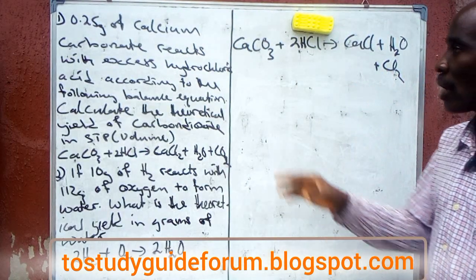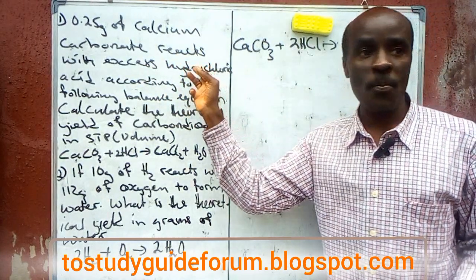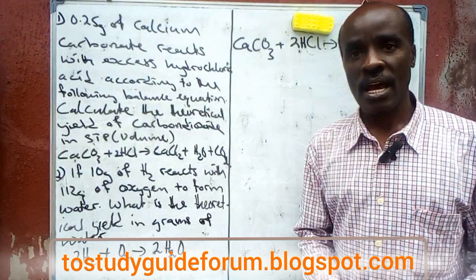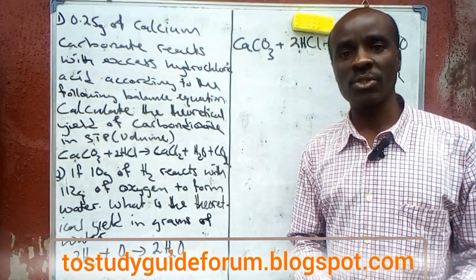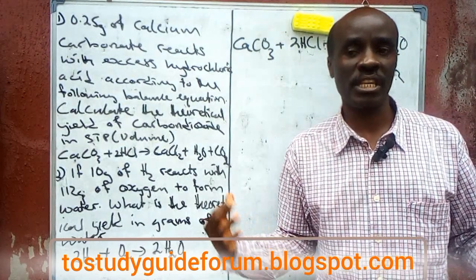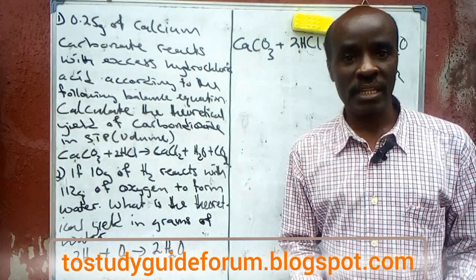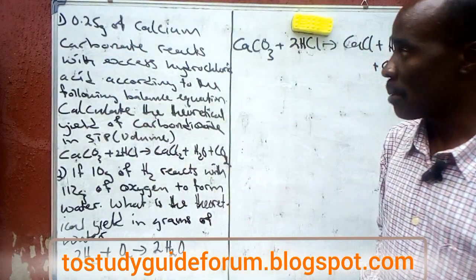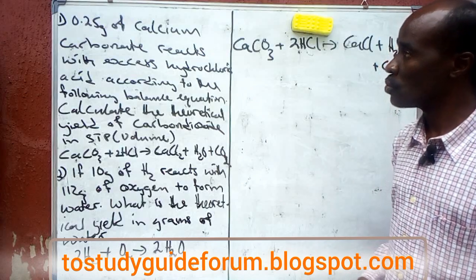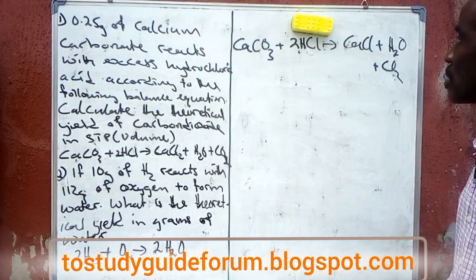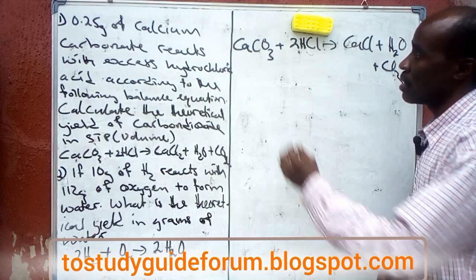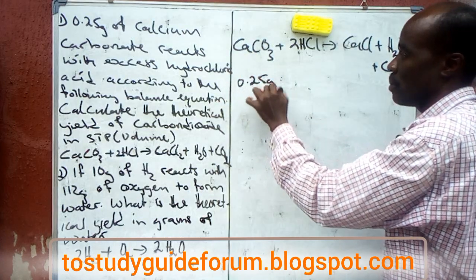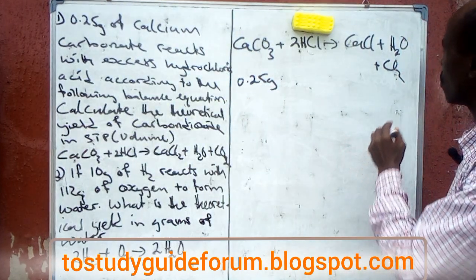So based on this, we know that the hydrochloric acid is in excess. That means we already know the limiting reagent, which is the calcium carbonate. To carry out the reaction, the first thing we do is look at the mass that we've been given, and then relate it with what we have here.